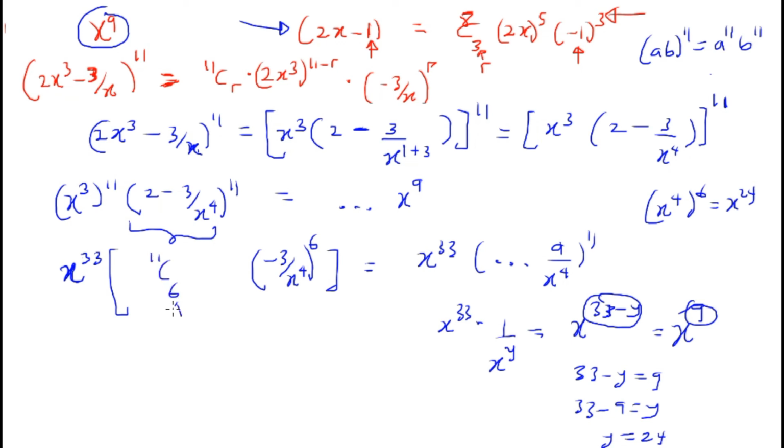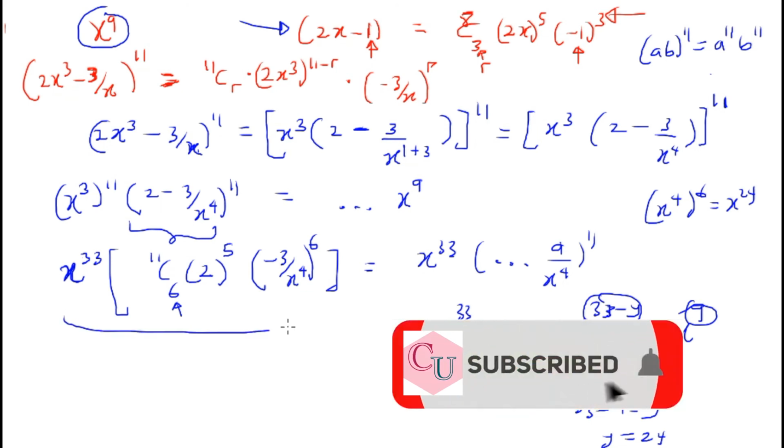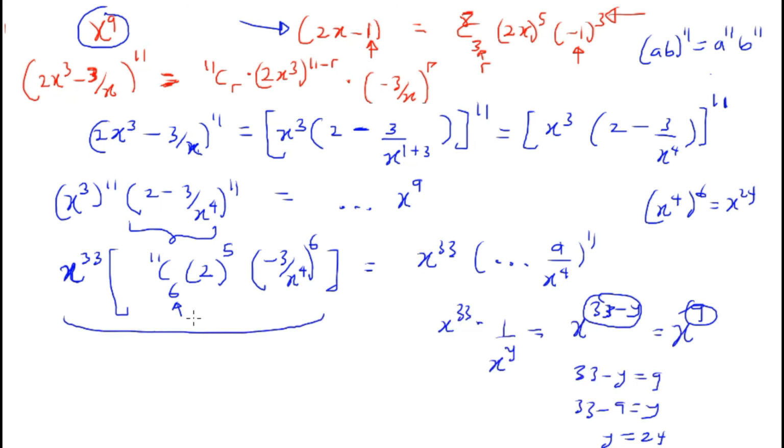Notice that what is here should be here. So the other power, which is just 2, will take the remaining. That's 11 minus 6, that's supposed to be 5. So this is the expansion, where this is the point where x will be raised to power 24.